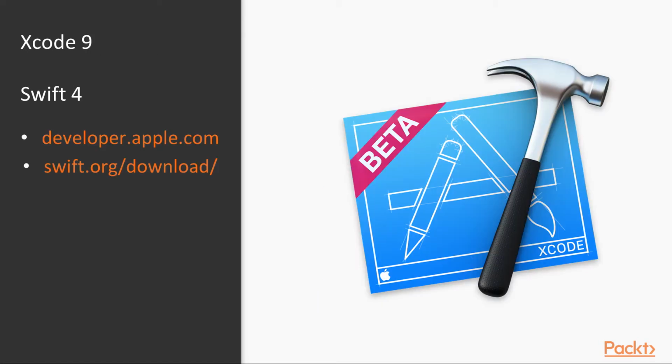Apple's Worldwide Developer Conference was held in June 2017, and the first beta versions of the next version of the Xcode developer tools are already available in beta form. Please check the current status at Apple's developer website at developer.apple.com. It's possible that by the time you study this course, the final version of Xcode 9 will be available, in which case you can download it from the Mac App Store as usual. Xcode 9 also includes Swift 4.